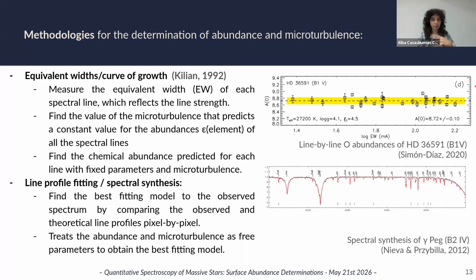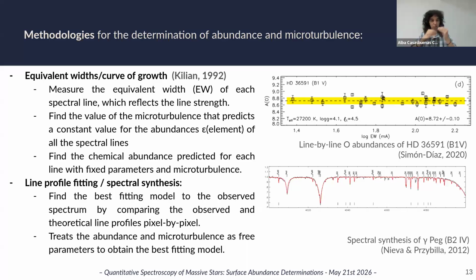The other method that we can use is line profile fitting, or spectral synthesis, which consists of finding the best fitting model to the observed spectrum by comparing the observed and theoretical line profiles pixel by pixel. This method treats the abundance and the microturbulence as free parameters in order to obtain the best fitting model.